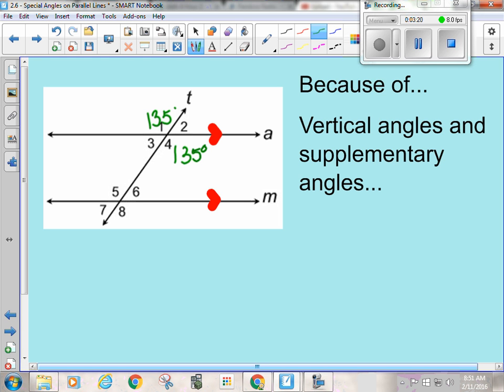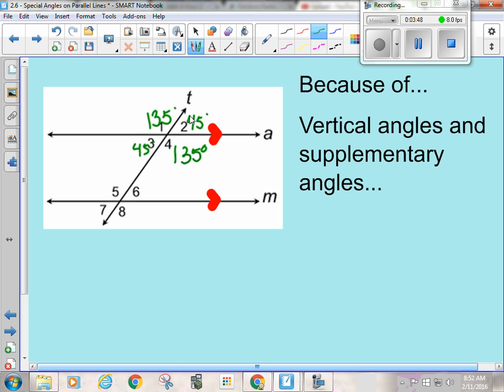Supplementary angles are two angles that form 180 degrees. So in this case, if I have 135 for angle 1, angle 2 needs to measure 180 minus 135, and we are going to end up with 45. Again, using that notion of vertical angles, I know that angle 3 is also 45 degrees.